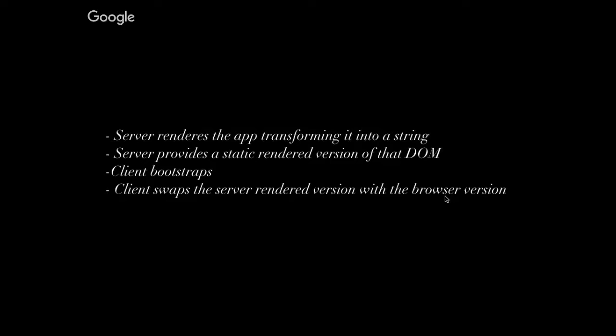It's going to know that the page we got from the server is the same, and it's going to do a swap of the view. That means it's going to replace the server view with the browser view where it's needed. If nothing changes from the server view to the client view, it's not going to swap anything. But you might have pieces of code that really just run on the browser, and then it's going to put those in or replace the server ones with the browser ones. We're going to take a look at some of these cases.